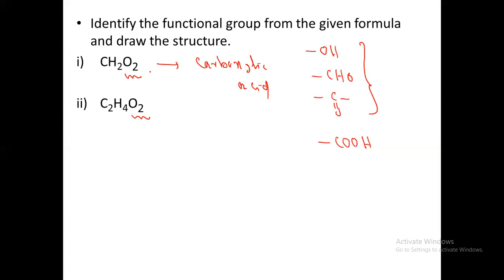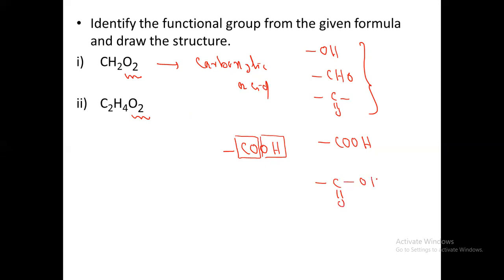So how to draw the structure? It's very easy. COOH is a functional group. Remember, COOH is a combination of 2 functional groups: a C=O along with an alcohol functional group OH. So when you split COOH, there is a C double bond O as well as an OH.